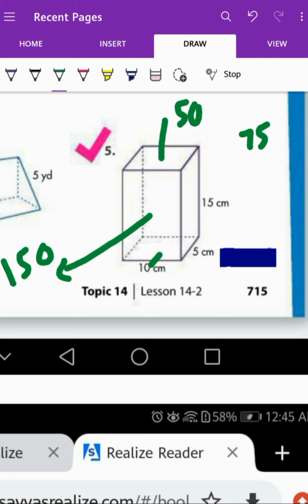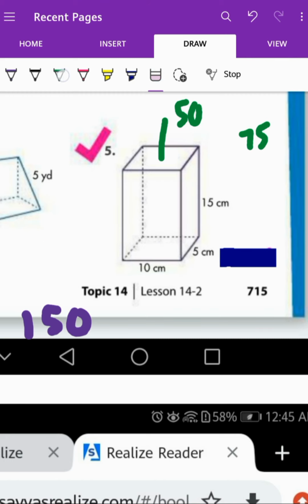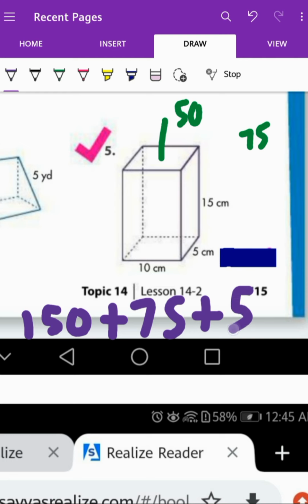So for the rectangles that we can see, you add them: 150 plus 75 plus 50.